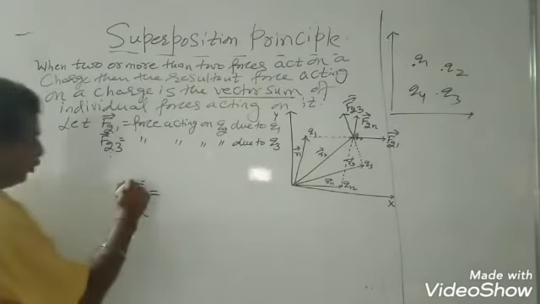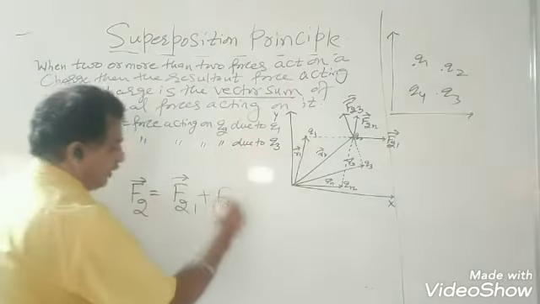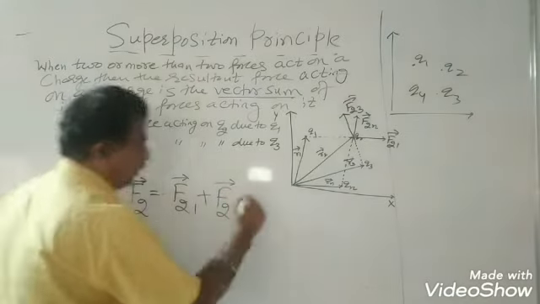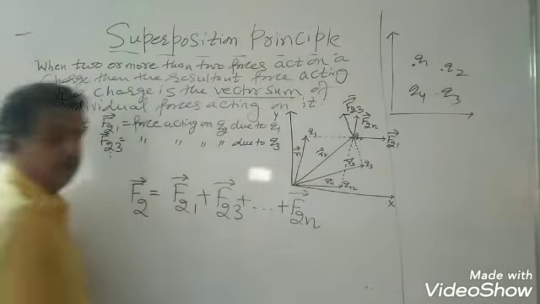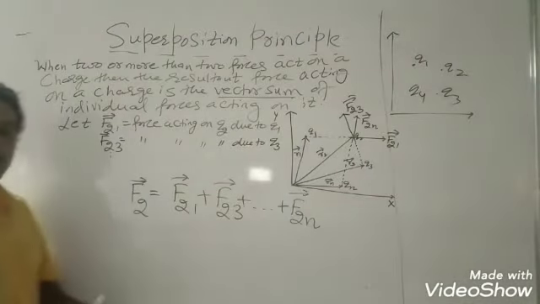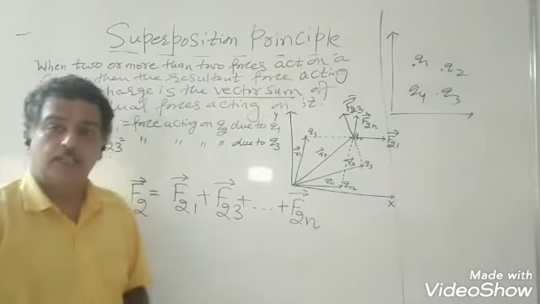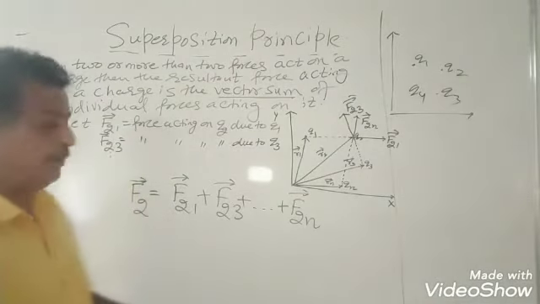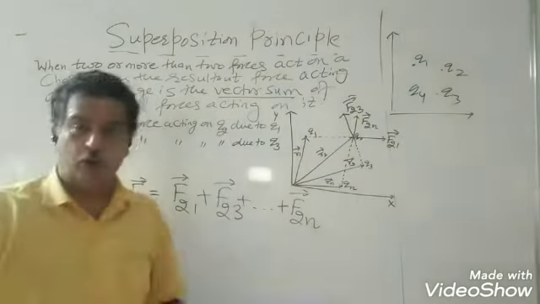The resultant force is F21 plus F23 plus and so on up to F2n. So this is the resultant force acting on the second charge. We will do many numericals related to the superposition principle. Now simply apply Coulomb's law in vector form.